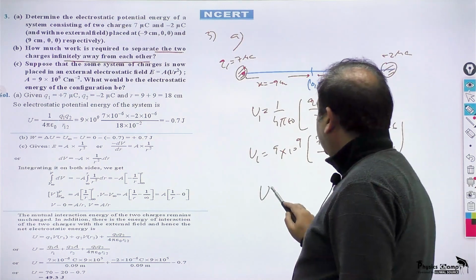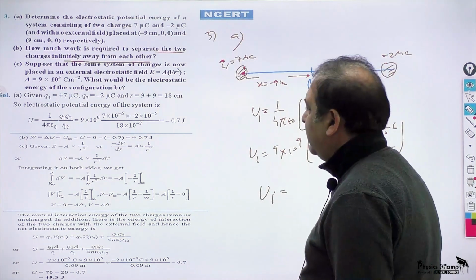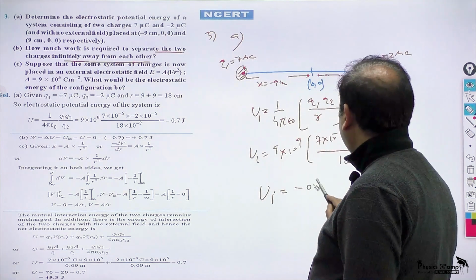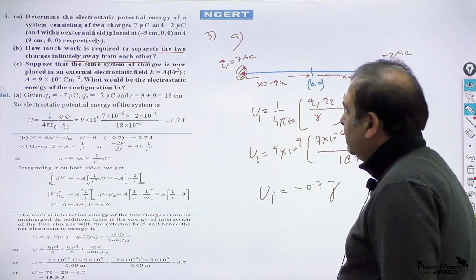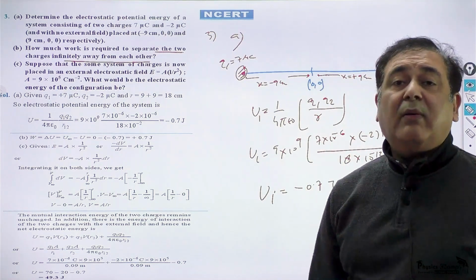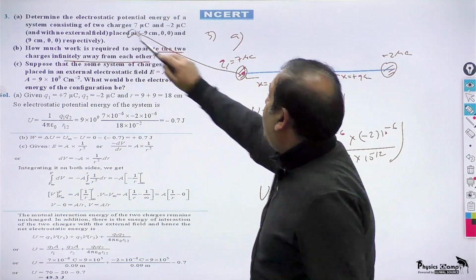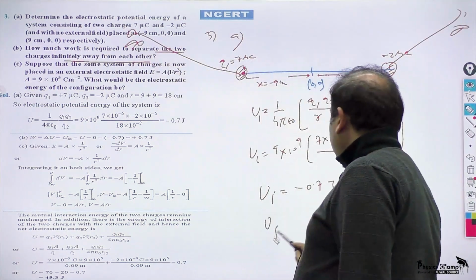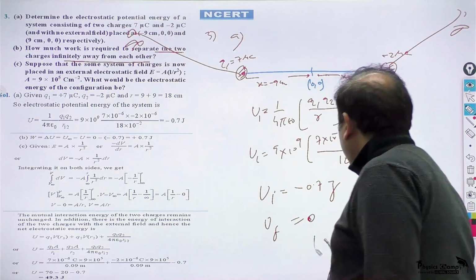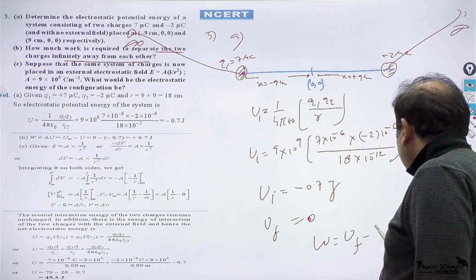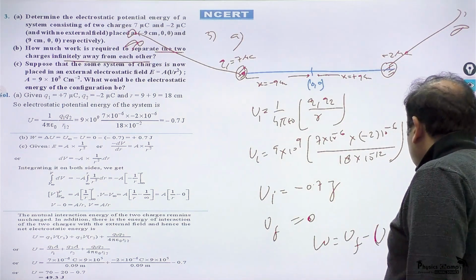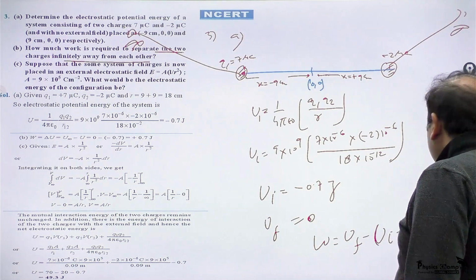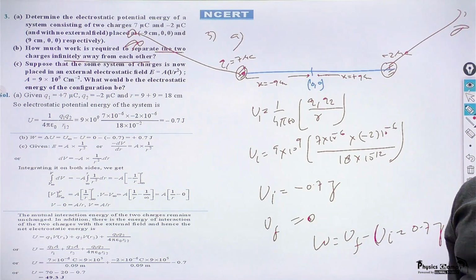So you are getting the potential energy here, which is minus 0.7 joule. Now what work is required to take them infinitely far apart? I want U final to be 0. The work required will be U final minus U initial. So you will get 0.7 joule of work required to take them infinitely far apart.